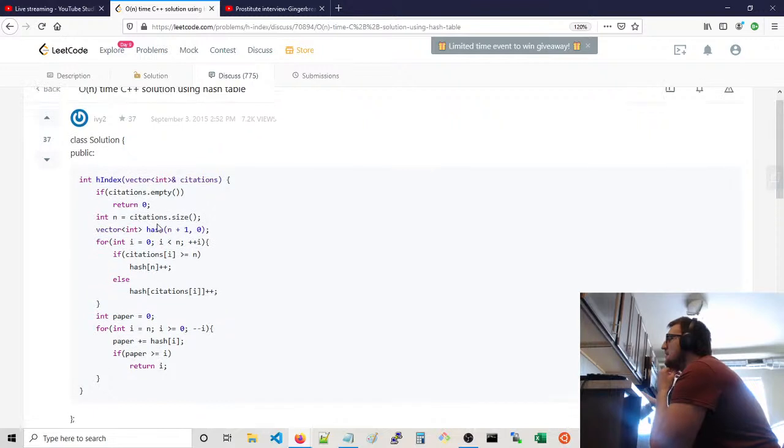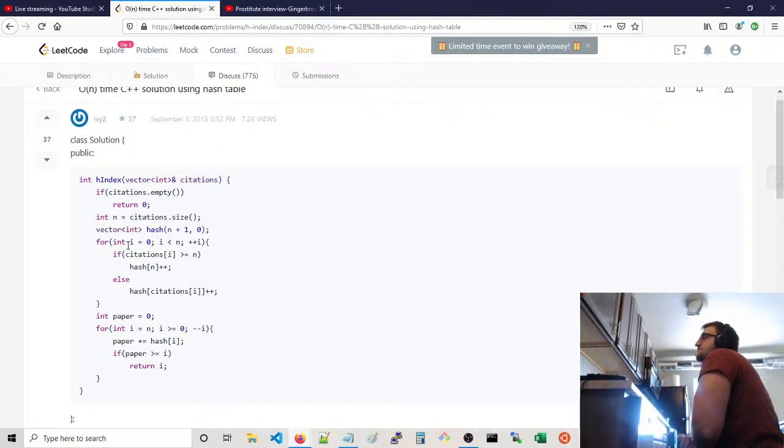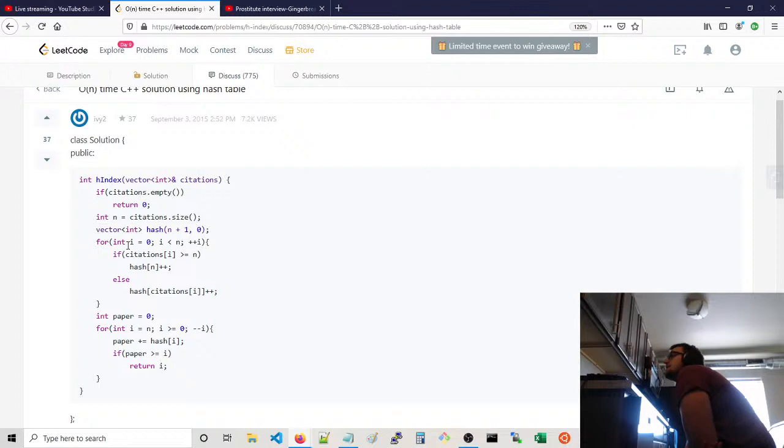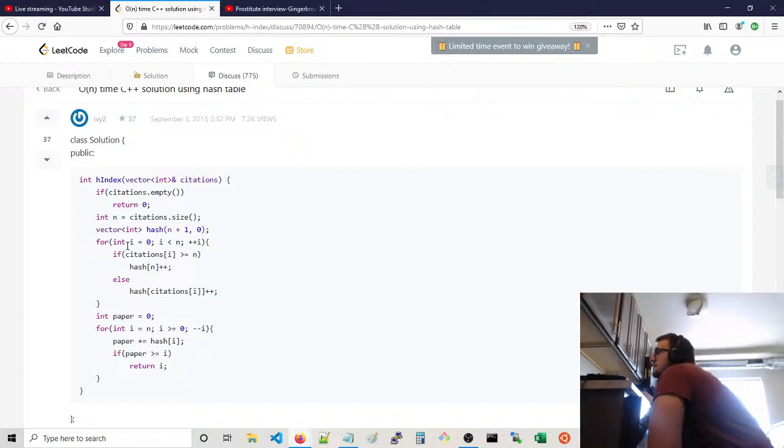All right. Let n be the size. Create your vector of hash, n plus 1. For each i equals 0, i less than n, increment.